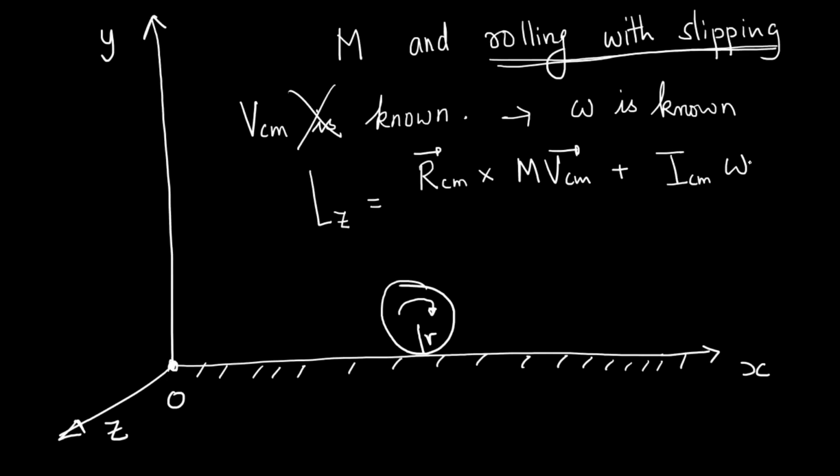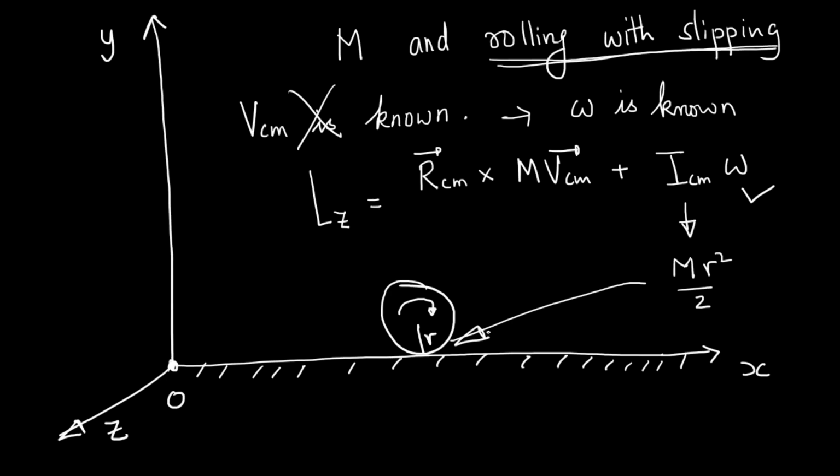So what you can see now is that omega is known, and I_CM, you can look it up from the tables, is m r squared by 2, where m is the mass and r is this radius.